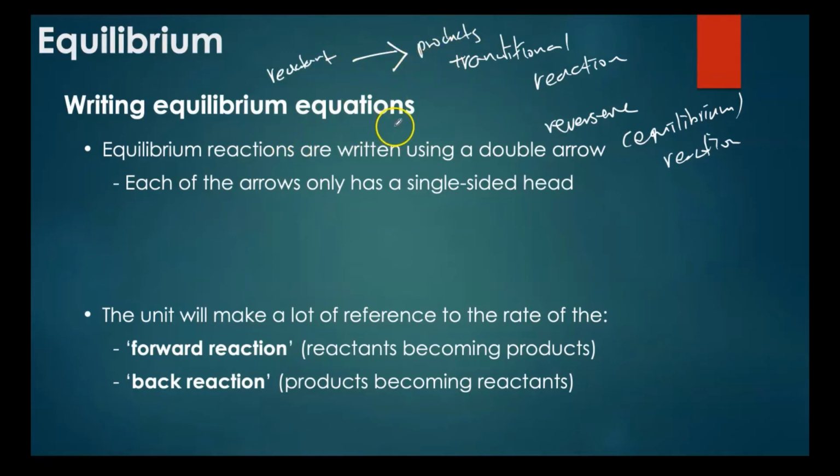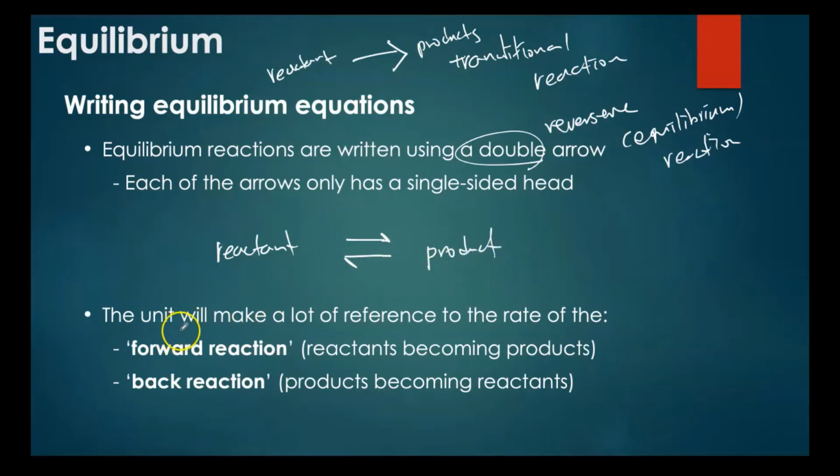In equilibrium equations, we represent the reactions using a double arrow, and each arrow only has a single-sided head, just like this.